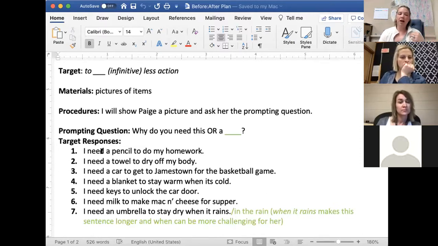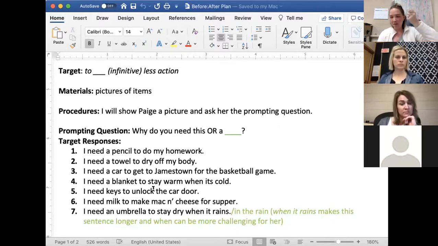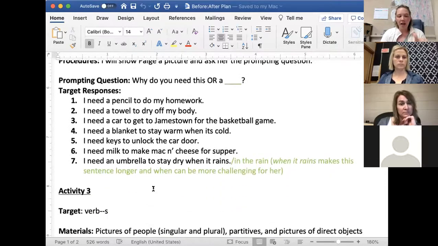Before we did this, my student would have said, I need a pencil for my homework. So teaching them the to do something. I need keys to unlock the door. Why do you need keys? So this is higher level.